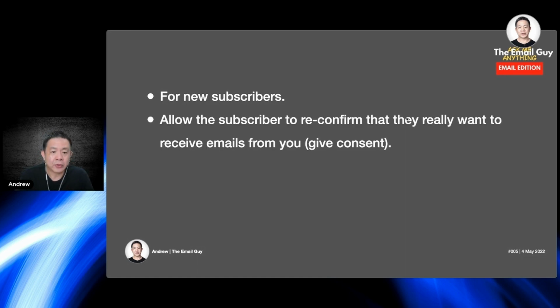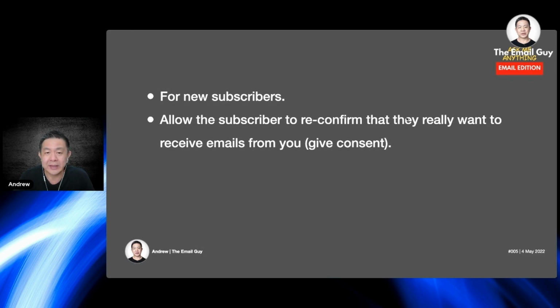Okay. So the second thing is it allows your subscribers to reconfirm whether they really want to receive emails from you. Okay. And this is important because you only want to send emails to people who really want to hear from you anyways. Otherwise, anybody who subscribes, and sometimes they forget, and human beings nowadays, we have a very short memory span. There's so many things to sign up, so many things to read, for example.